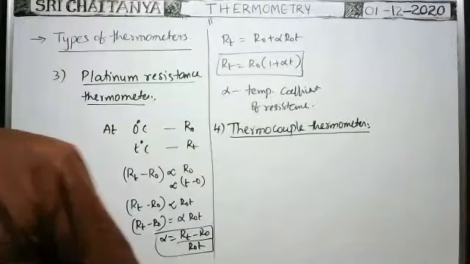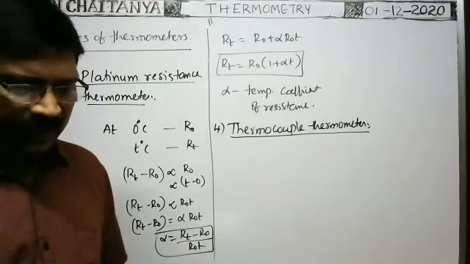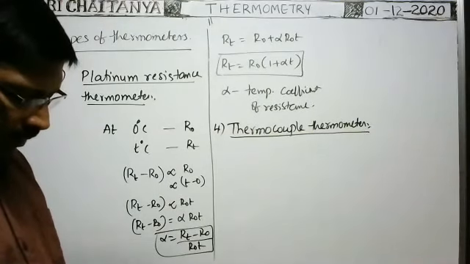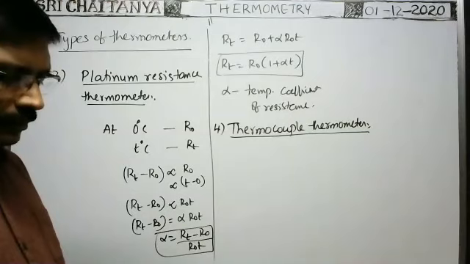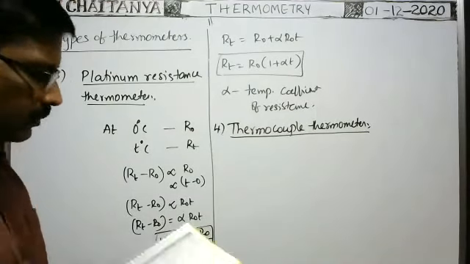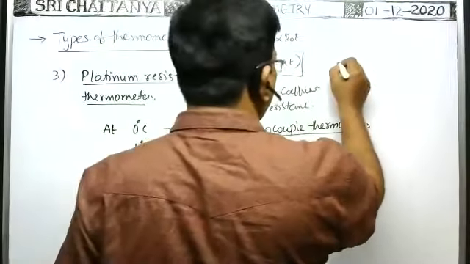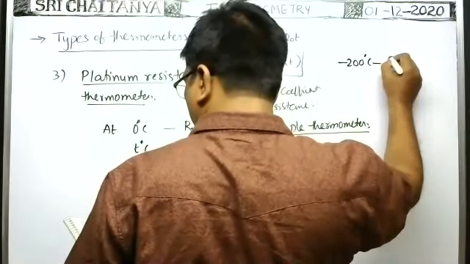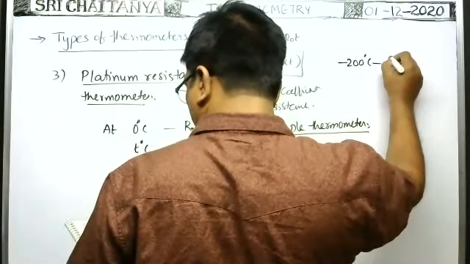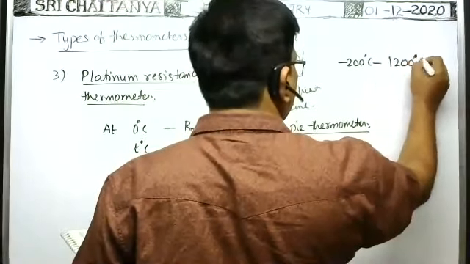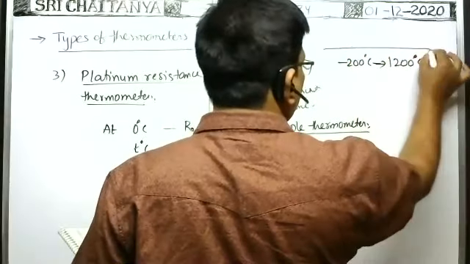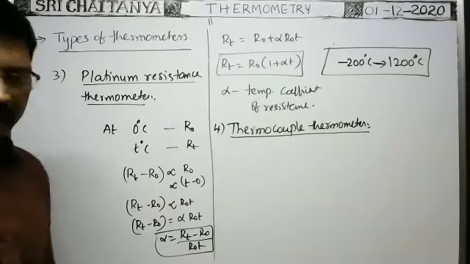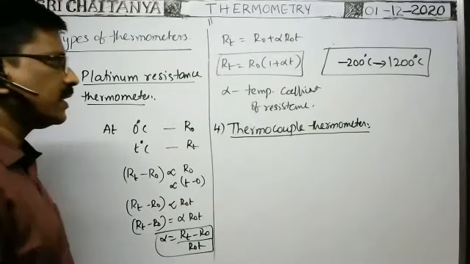But first, with the platinum resistance thermometer, we can measure temperature ranges from minus 200 degrees centigrade to 1200 degrees centigrade.